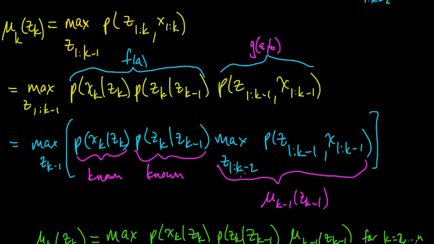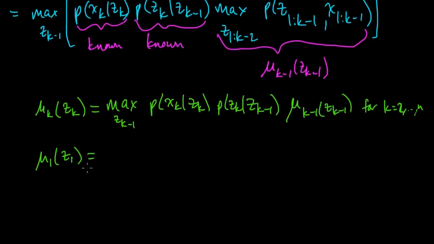And if you followed this same factorization through here, it would be the probability of x_2 given z_2 times the probability of z_2 given z_1 times the probability of z_1 and x_1. And there would be no max inside here, it would just be the max over z_1 outside.